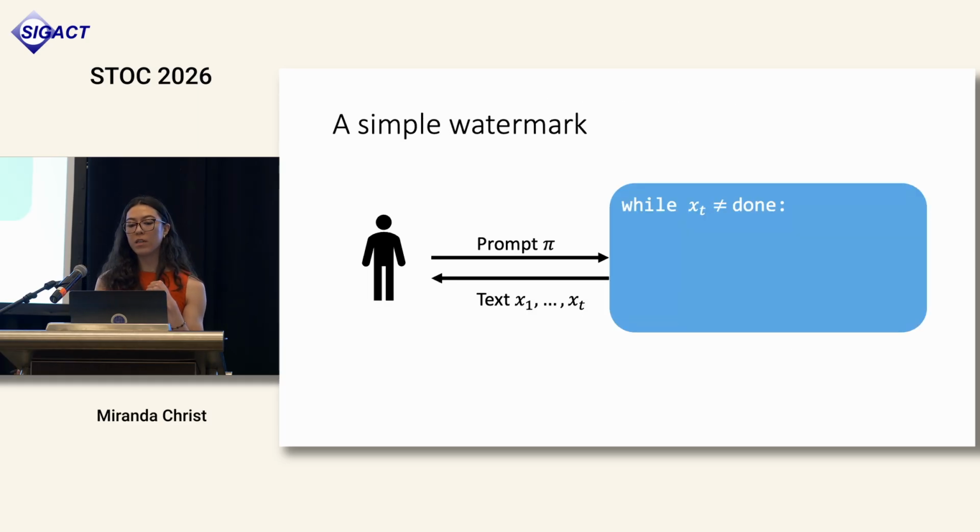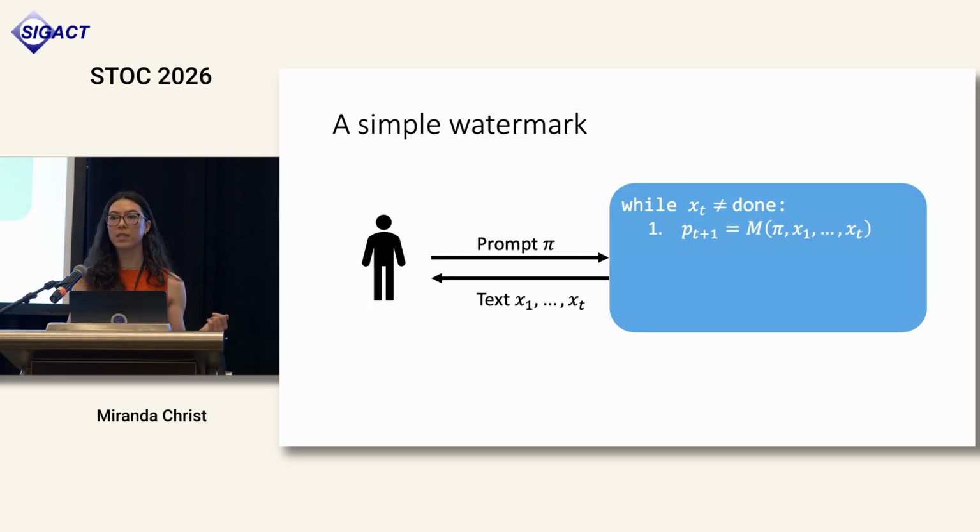All you need to know about LLMs to work on watermarks is that they work in the following way. They take as input some prompt, and then they sample text token by token, where to compute the next token, we input the prompt and the text output so far to a neural network that computes a probability distribution over the next token.